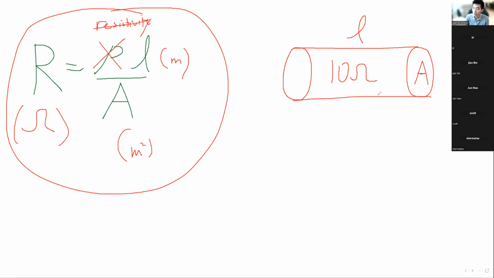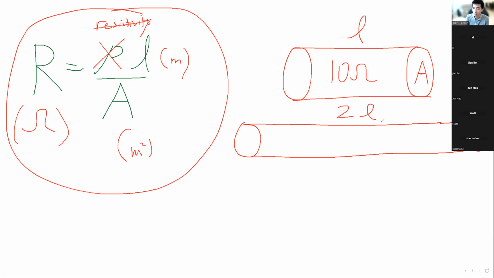If I have another wire of the exact same resistivity, let's say it is double the length, and half of the area here, they'll ask you, what resistance will the wire be?